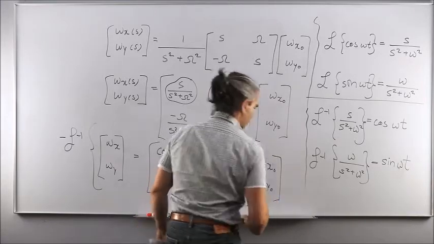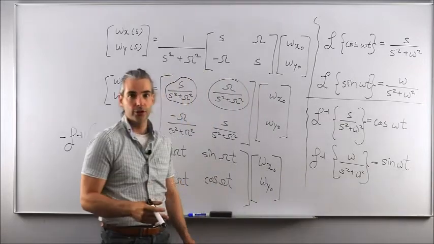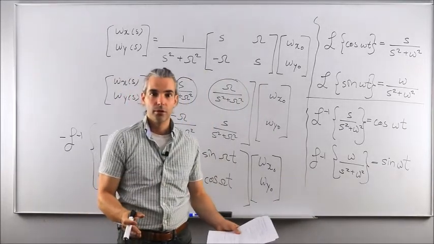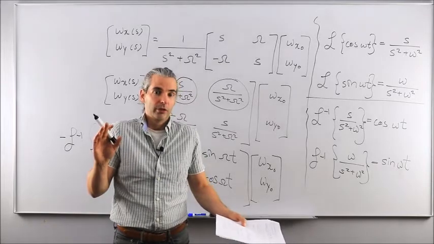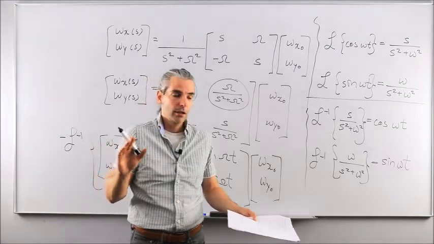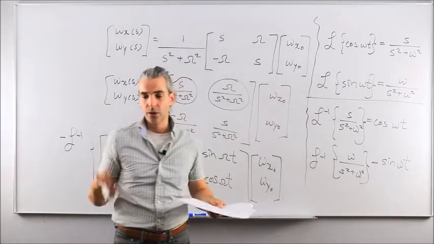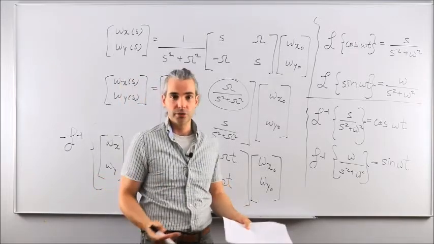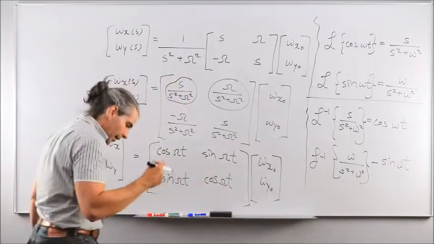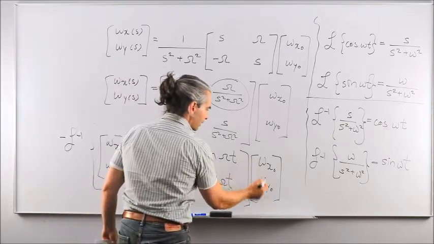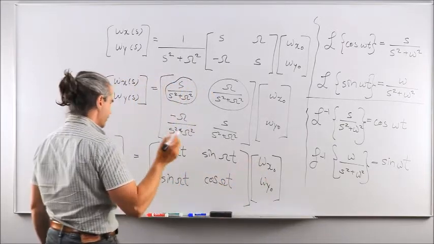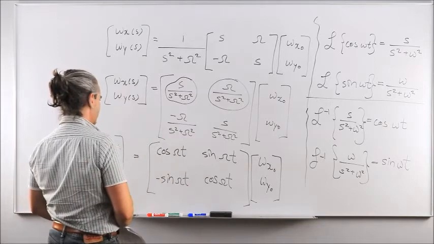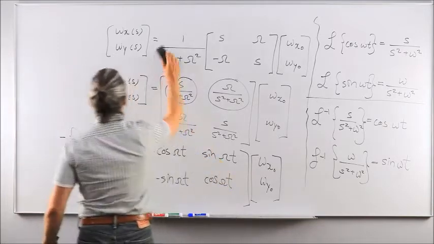Otherwise, under the torque-free assumption, if all initial conditions had been set to 0, well, the rigid body would be inertially fixed, it wouldn't be rotating at all. And the solution for omega x, omega y, omega z as function of time would be quite boring. That would just be equal to 0. But here we want to spice things up a little bit by assuming that those initial conditions are different than 0, obviously. Okay? Good.